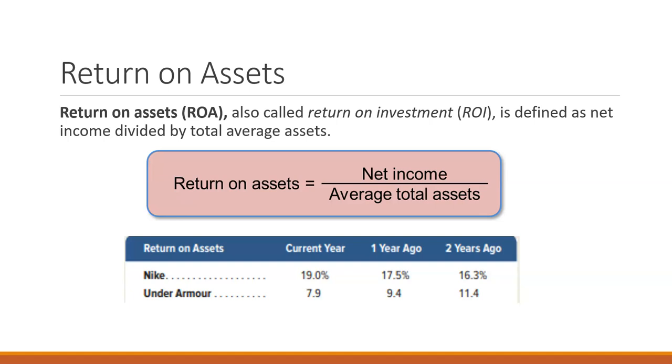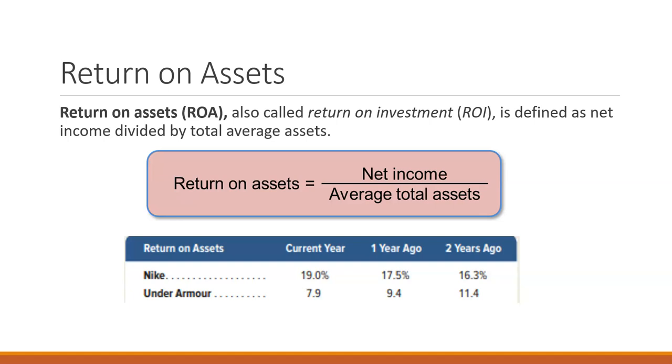Anytime it says average total assets, what that means is it wants the beginning of the year total assets plus the end of the year total assets, divided by 2. If you do not have 2 years of total assets, the beginning or the ending, then you would just use the total assets number that you have, because if you add them together and divide them by 2, that's the result that you would get. So here we see some examples of return on assets for Nike and Under Armour.